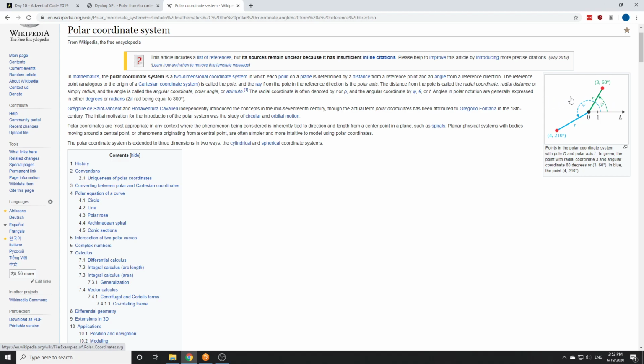So if we swap the coordinates for -4 and +4, then we'll get +4x, -4y, right? And that at least gets us in the right quadrants.